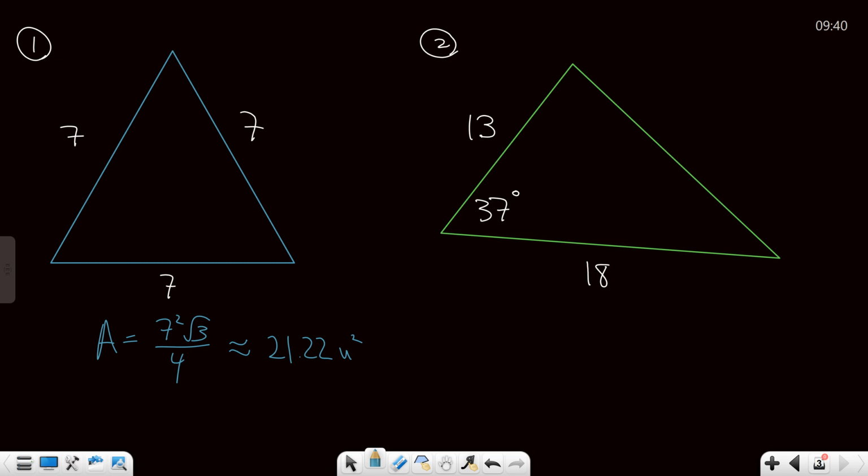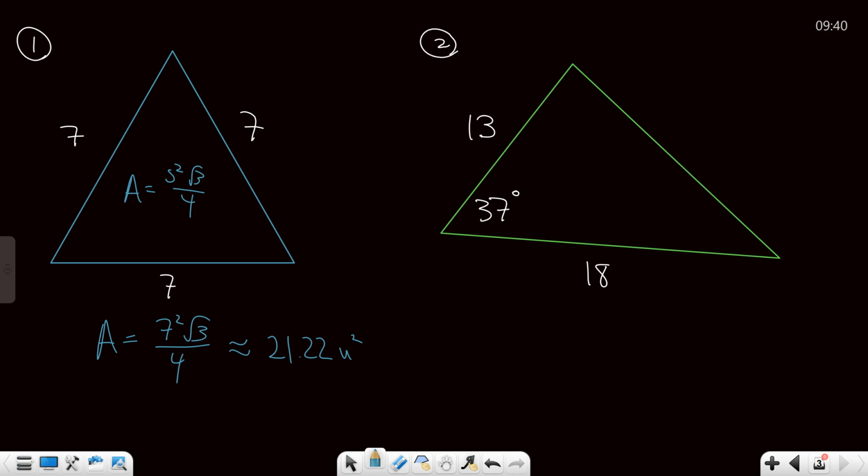It's an equilateral triangle, right? So then we're going to use area is equal to s squared times the square root of 3 over 4, where s is equal to 7. Plug and chug. You can leave it in the form 49 square roots of 3 over 4, or you can multiply it out. I prefer a decimal answer, but I can work with either one.